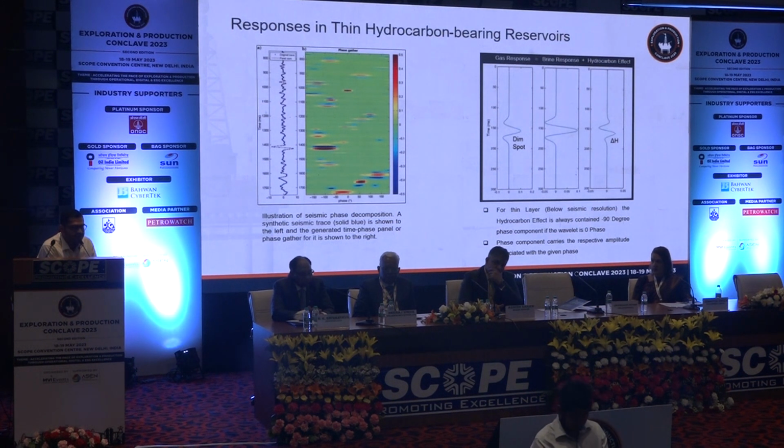It can be low saturation gas, it can be a very thin layer, but it will impose itself on this 90-degree phase component, be it plus or minus 90 degrees. It will impose itself as a 90-degree phase component in the case of a thin layer. And further, the anomaly in terms of the amplitude will be enhanced when it is hydrocarbon filled.